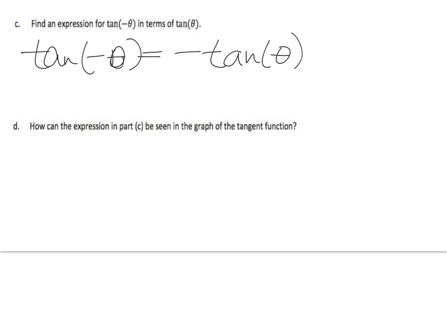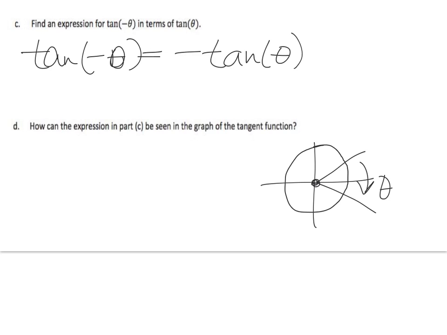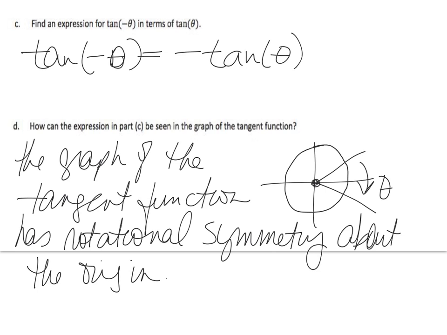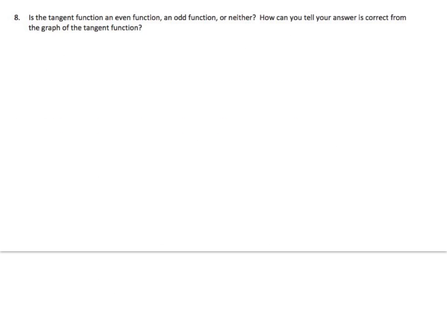The graph of the tangent function does have rotational symmetry about the origin. So we just rotated it about the origin theta degrees. Let's write that down. That's what I just said written down, so pause and copy if you'd like to.